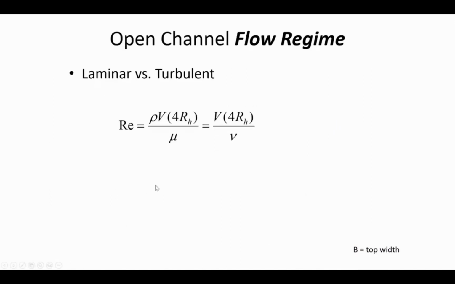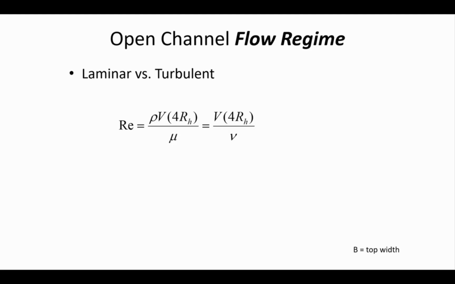Some of the other ways that we can categorize flow, remember there's uniform versus non-uniform, there is steady versus unsteady, we've talked about laminar versus turbulent, and for open channel flow we apply the same simplification that we did for non-circular conduits.